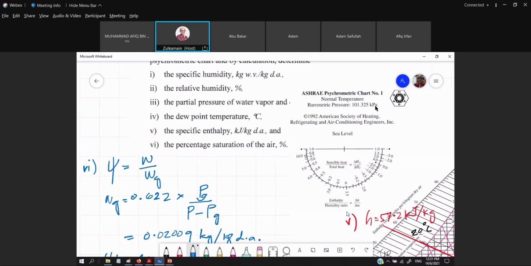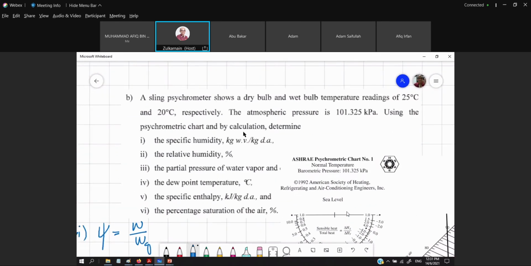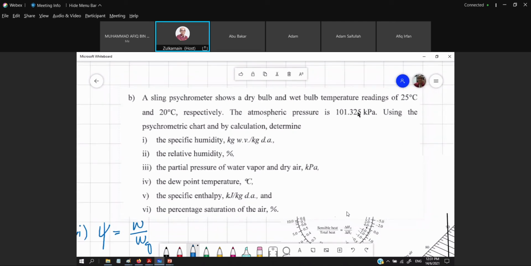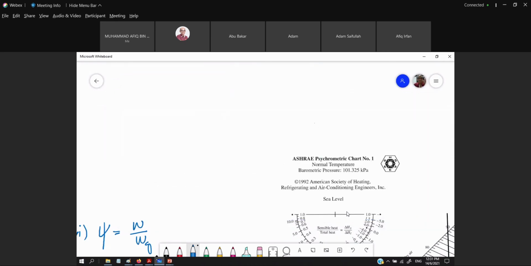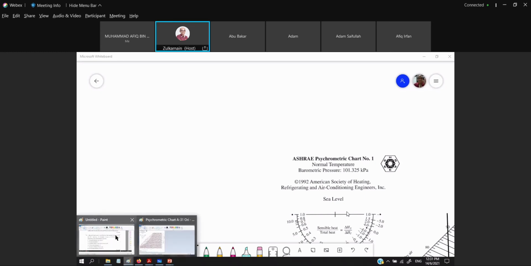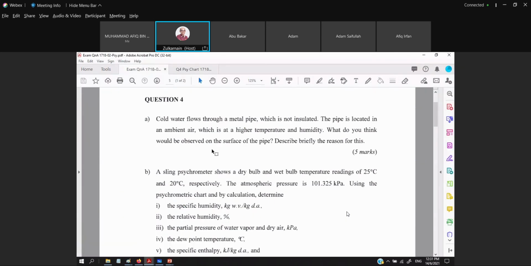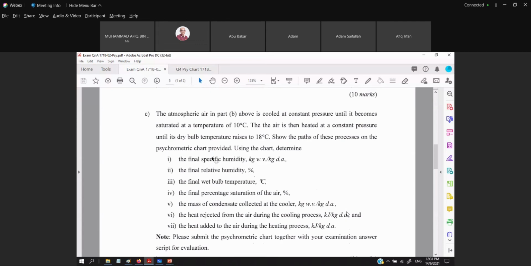So next, we are going to get part C. So let me delete that. For part C, this is part B. Let me get part C. This one.